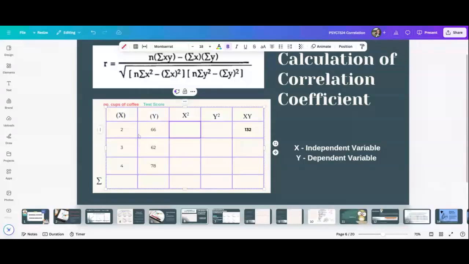Then fill in the x squared, so that would be here. 16.